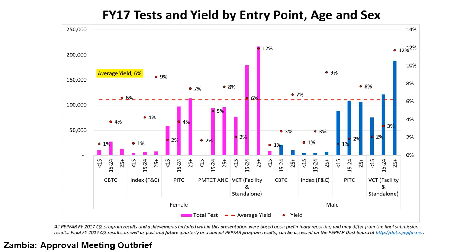You can ask for slides to be presented that specifically break down the data in these ways, that look at these different age groups. The other thing that I would want to ask in this case is, if you look, their VCT yield rates are quite high, around 12% in the VCT 25 and above. And what's interesting is that their index-based testing is much lower for yield rates.